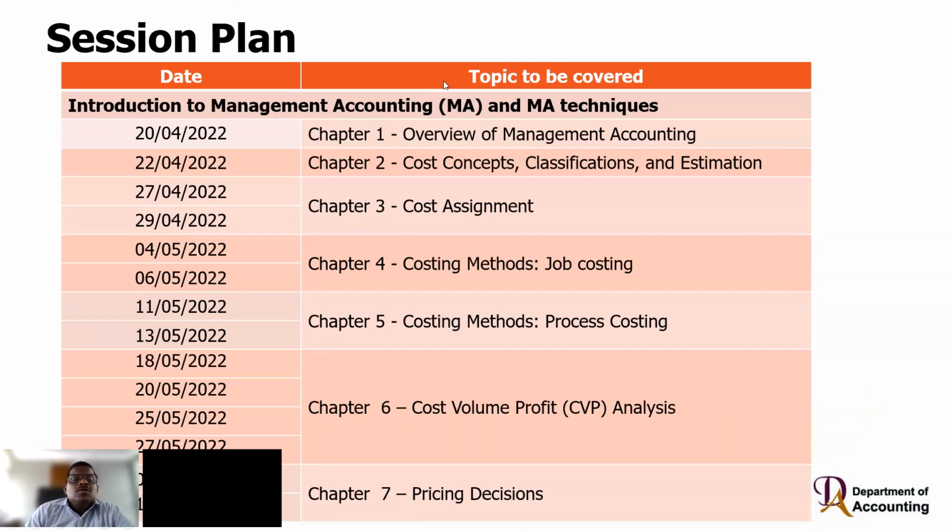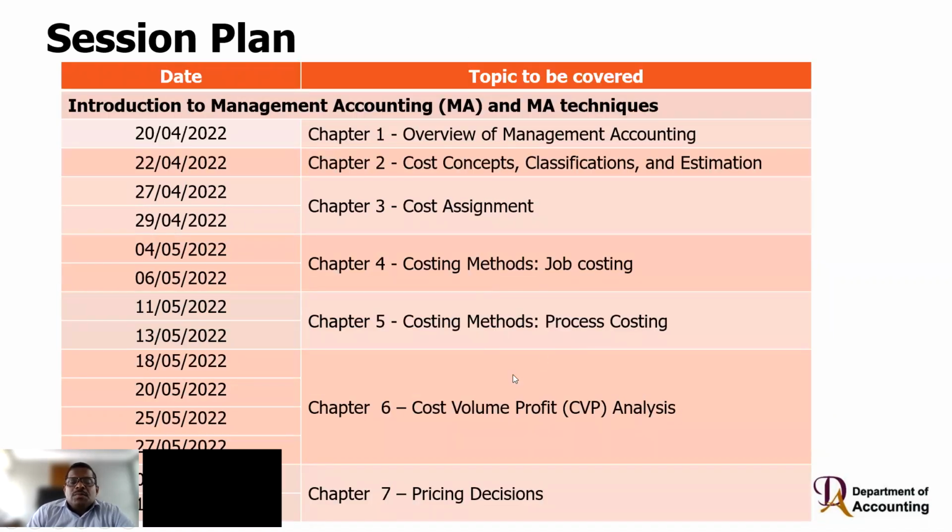Session plan, of course. The dates are also given specifically. We hope that we will be able to deliver the lectures on these dates. Chapter 1, as per your course manual, is the overview of management accounting. Then the second day, cost concepts, classification and estimations. Third day, cost assignment, cost methods, job costing and process costing.